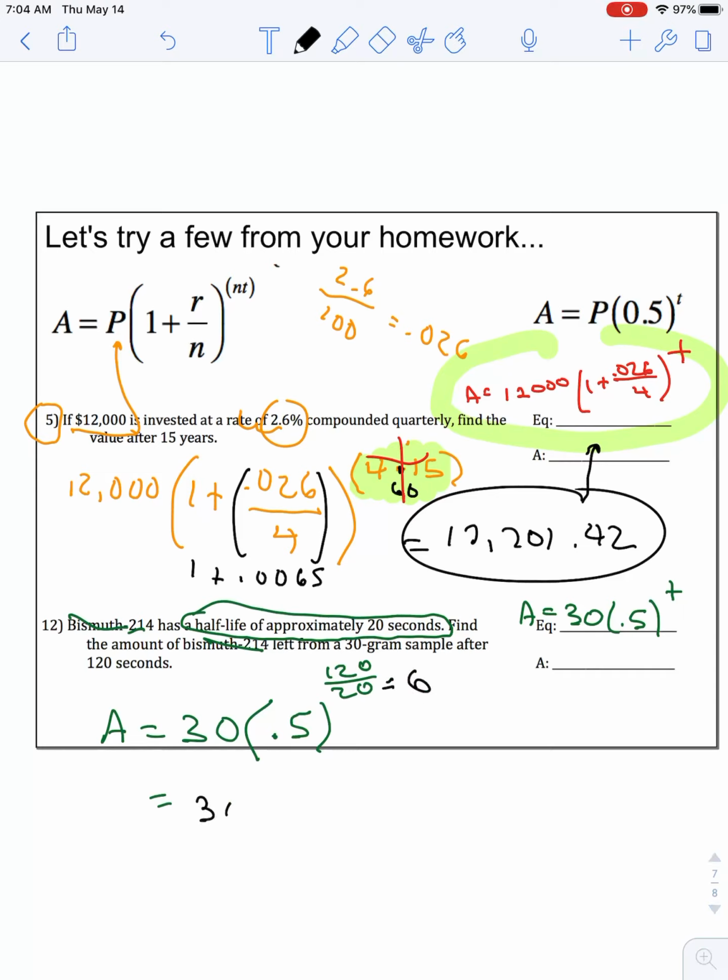So now we're going to take 30 times 0.5 and raise it to the 6th power. Pause the video, see if you get this correct. And your answer should be 0.469 grams.